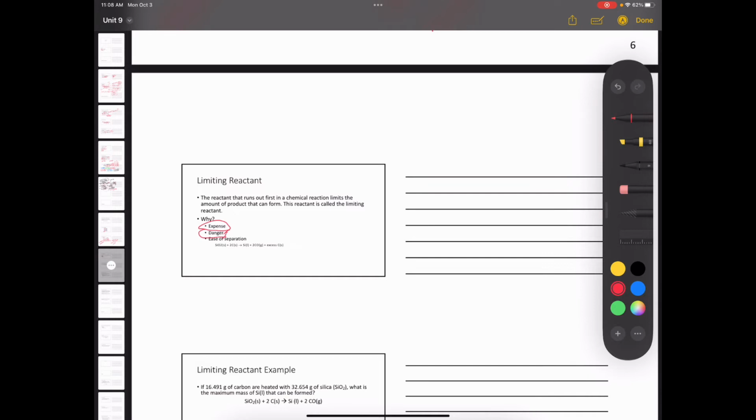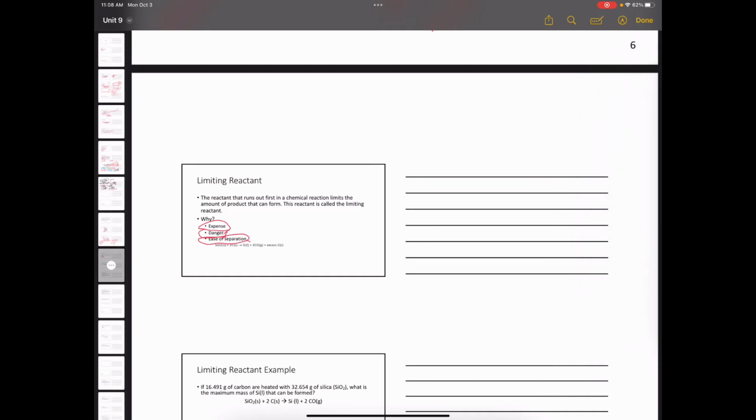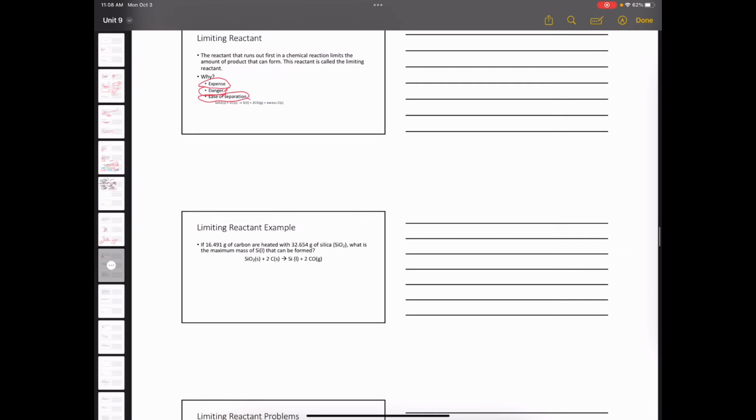And also the ease of separation. Sometimes your product at the end is miscible, or it dissolves in the excess amount of the reactant, so separating the excess reactant and the product can be a little bit challenging.